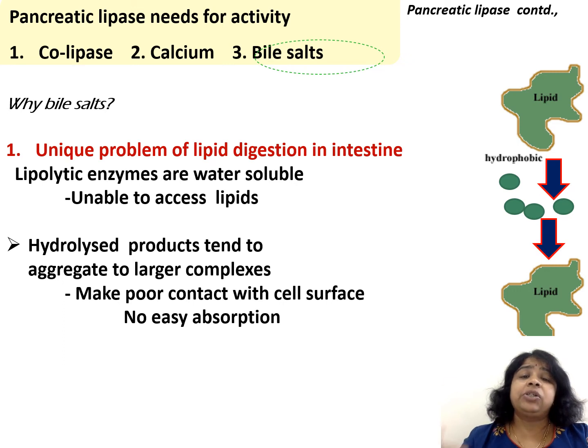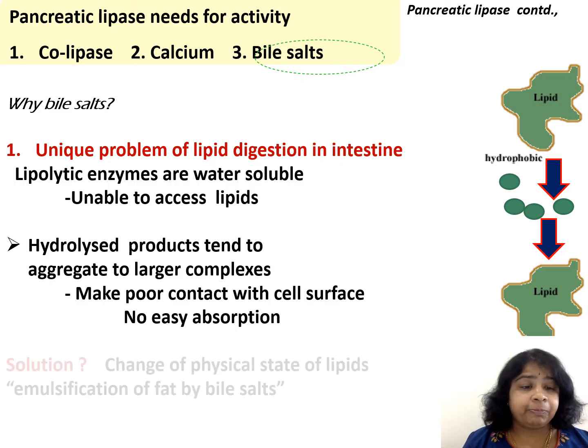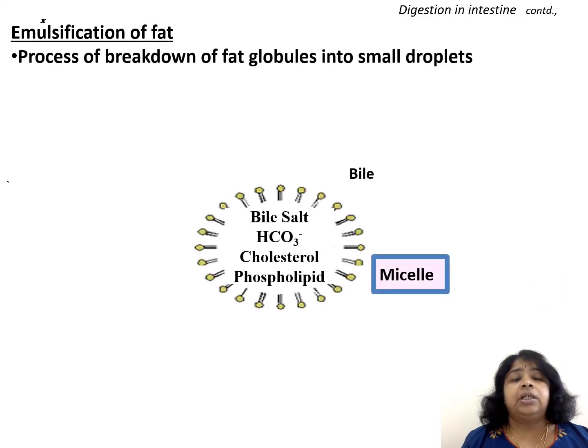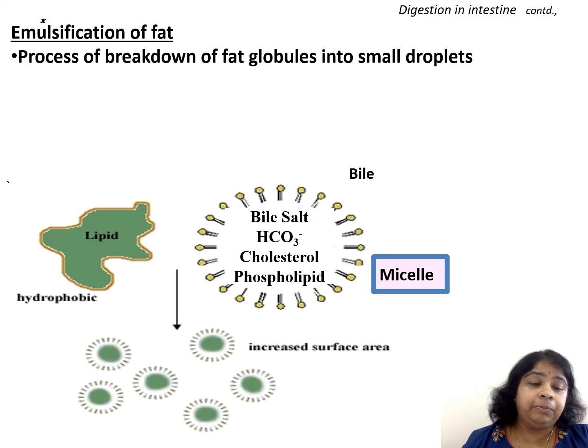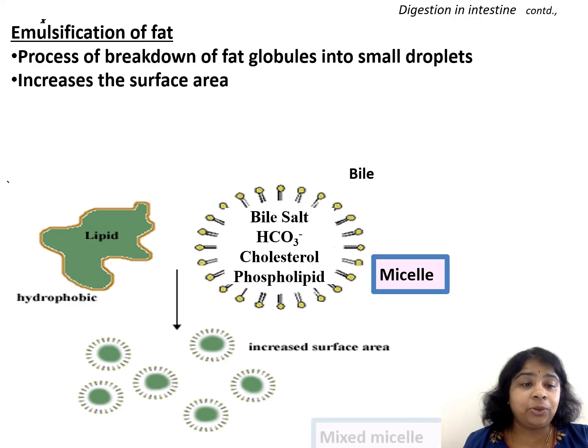These bile salts will bind to these lipid globules and break them up into smaller globules, which are called micelles. These micelles will contain bile salts, cholesterol, and phospholipids, and when the lipid is broken down into individual globulets, it increases the surface area available for lipase to act.